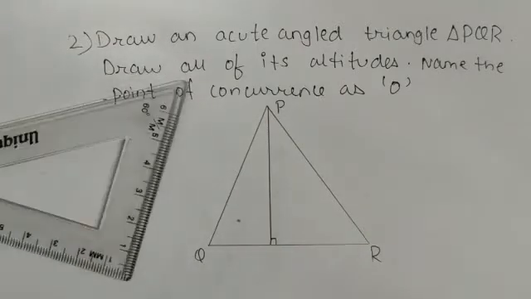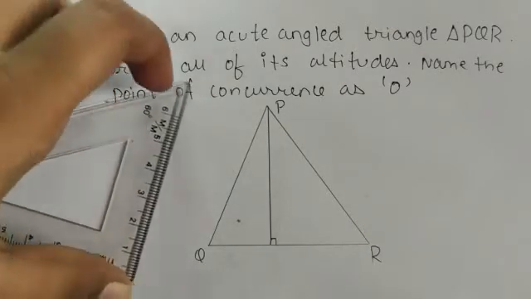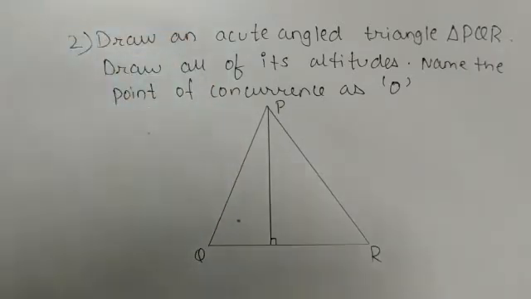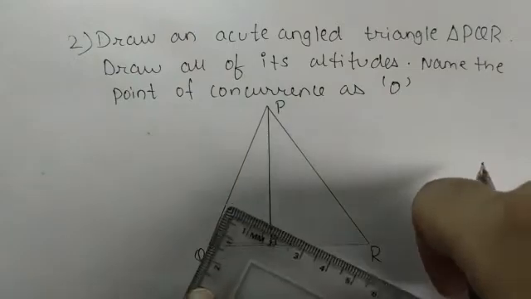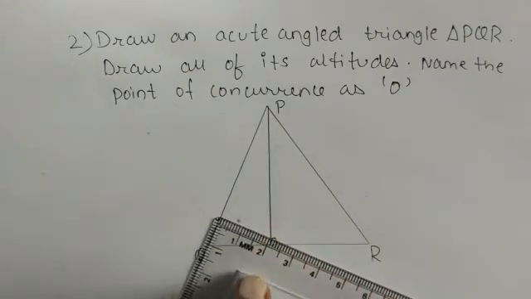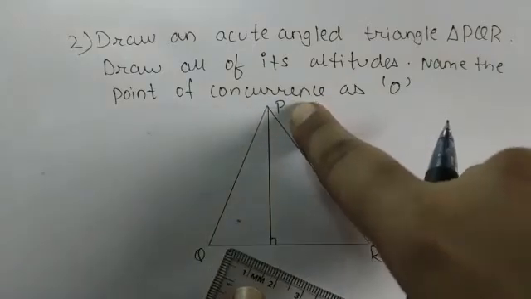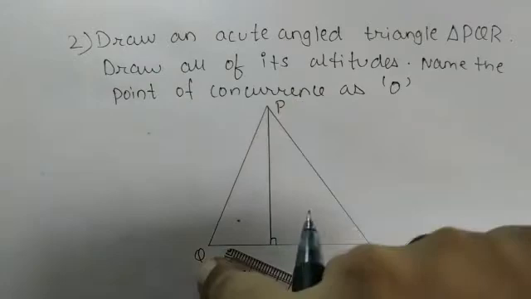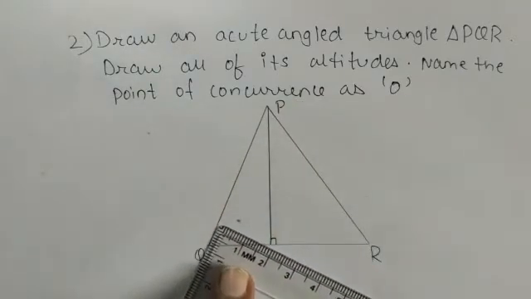So now we will draw a perpendicular line from another vertex, which is vertex R, to its opposite side PQ. So from vertex R to its opposite side PQ we will draw a perpendicular line.